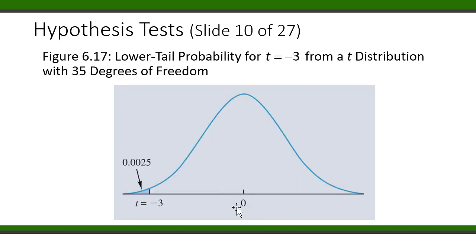So if you'll recall from earlier in the chapter, we wanted to create a t distribution. And from that t distribution, we can calculate a t statistic. What we want to do is find out statistically whether there is a significant difference between what we think the mean is and what the actual mean is.